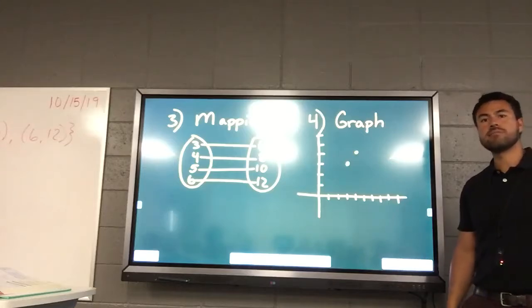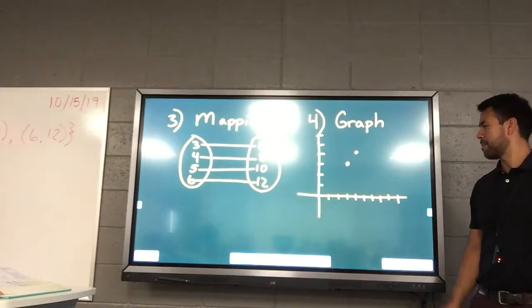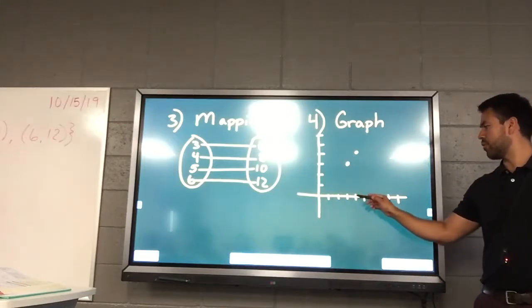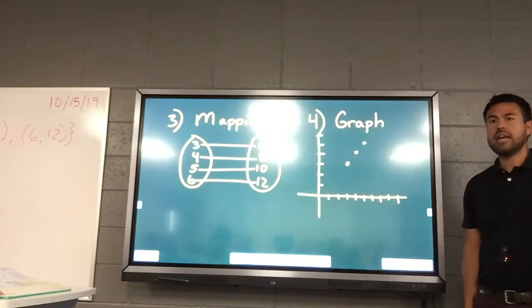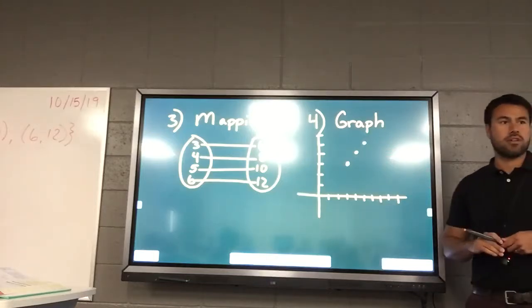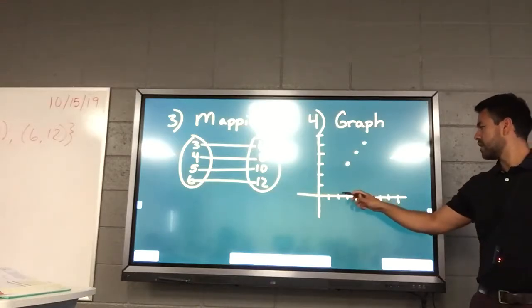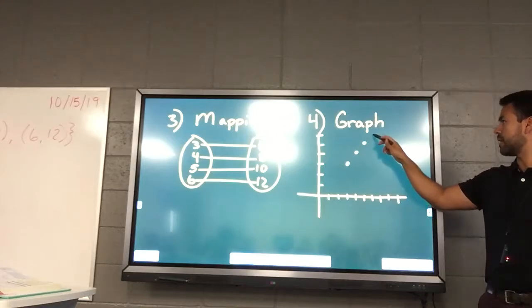Okay. Jack Hart. It's 5, 10. So you're going to go to the right 5. 1, 2, 3, 4, 5. And up 10. So I'm going to end up right here, right? And last one, Anna Grace, 6, 12. You're going to go to the right 6 and up 12. So 1, 2, 3, 4, 5, 6, and then right about here.